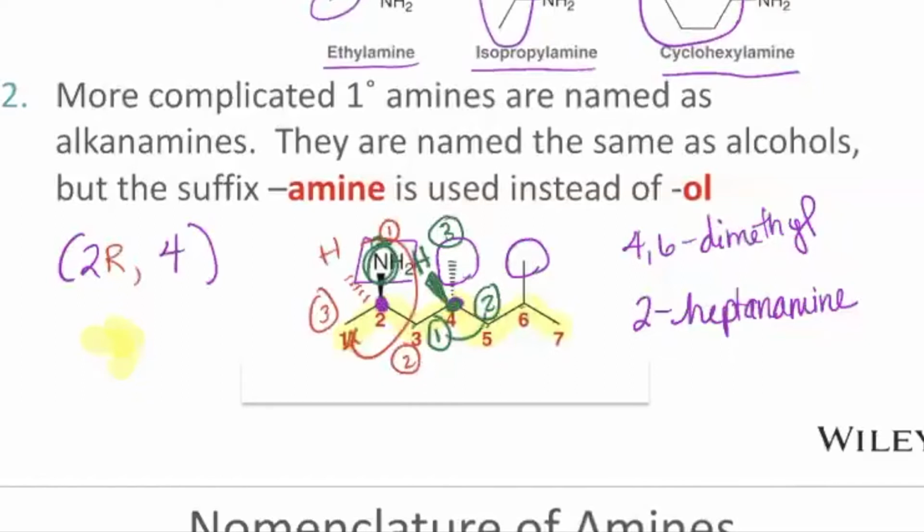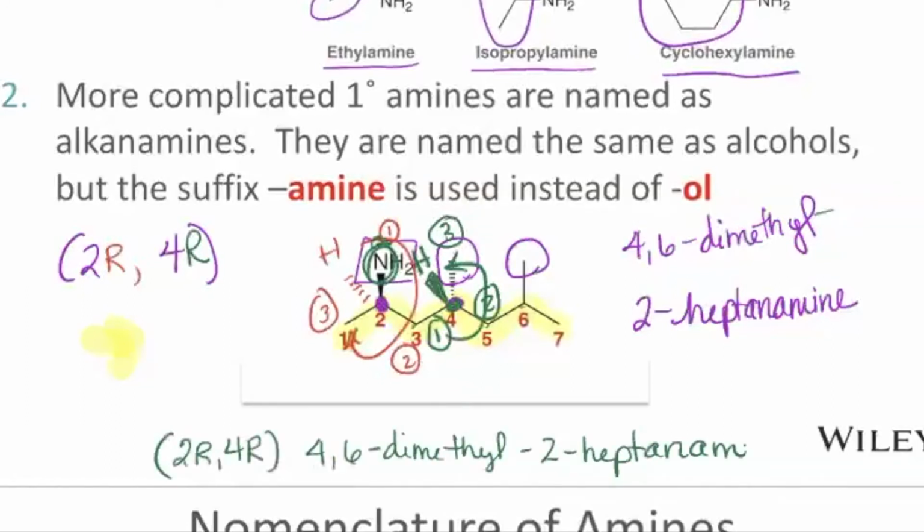So this is 1, 2, 3, so that would be S. But in fact, this center is R because we have to flip it. So this is 2R, 4R, 4,6-dimethyl, 2-heptaneamine. Whew, I'm tired just doing that for you. So there is our final answer.